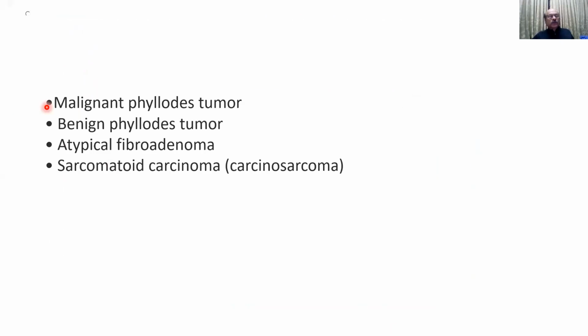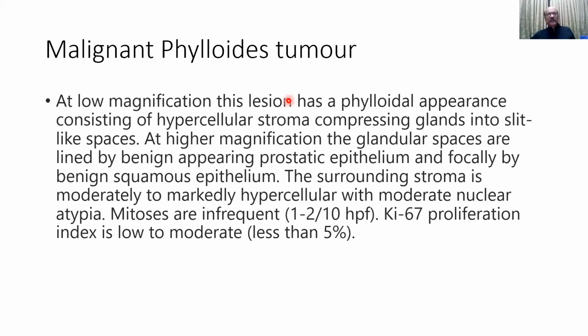So the differentials are malignant phylloid tumor, benign phylloid tumor, atypical fibroadenoma, and sarcomatoid carcinoma or carcinosarcoma. So considering the stromal cellularity and atypia, it is a malignant phylloid tumor.